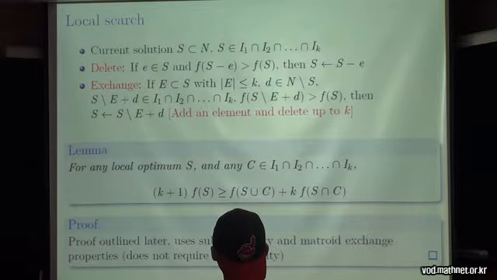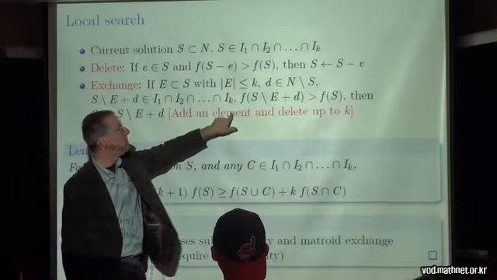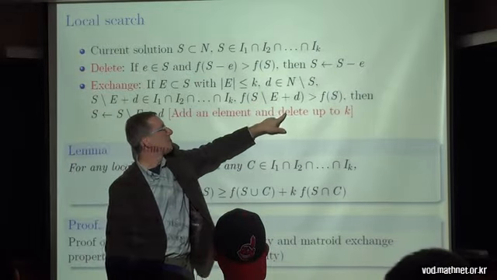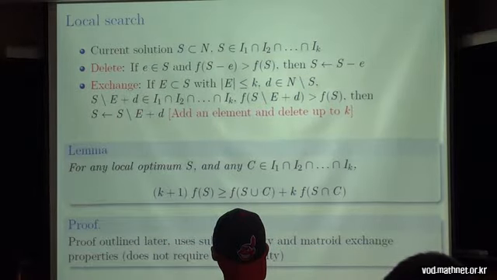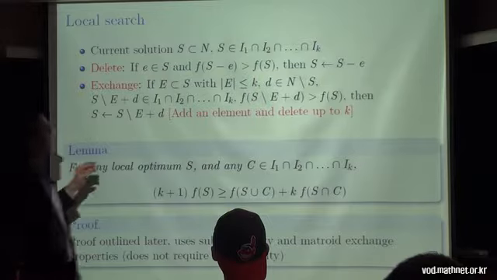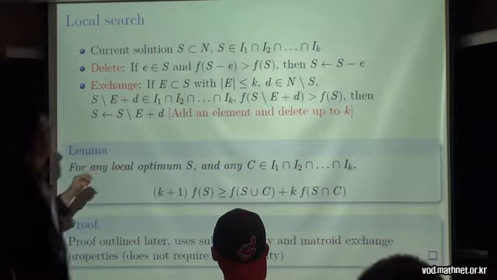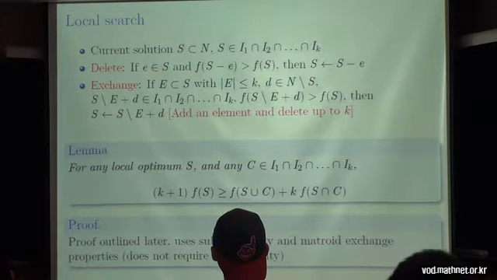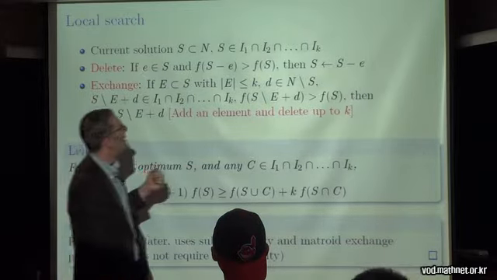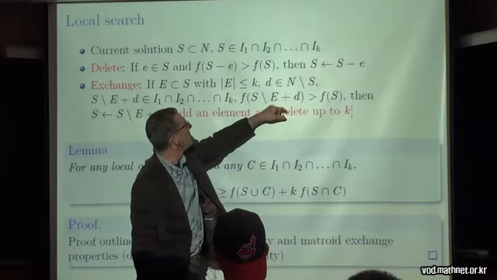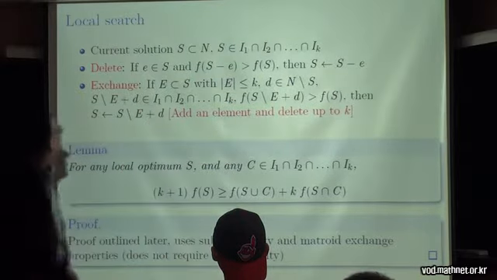So for an exchange move, you add an element, and you might create separate dependencies in these k different matroids, so you might have to delete up to k elements to break them. But I'll allow myself to do that if doing so improves the objective. If adding these elements improves the objective, then I go ahead and do that.